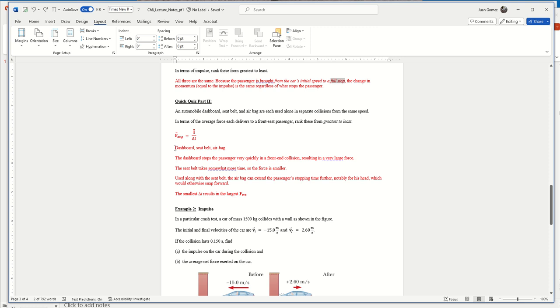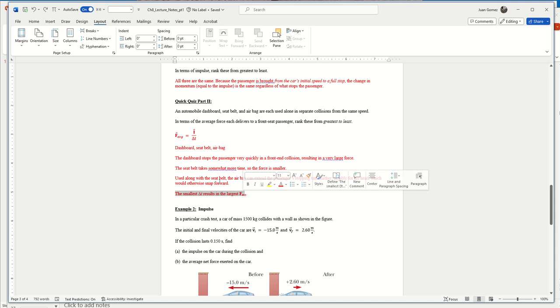So the dashboard will exert the largest average force, then the seatbelt, and the airbag will exert the least force, because the airbag allows you to stop in the largest time delta t. And the converse: the smallest delta t results in the largest average force.